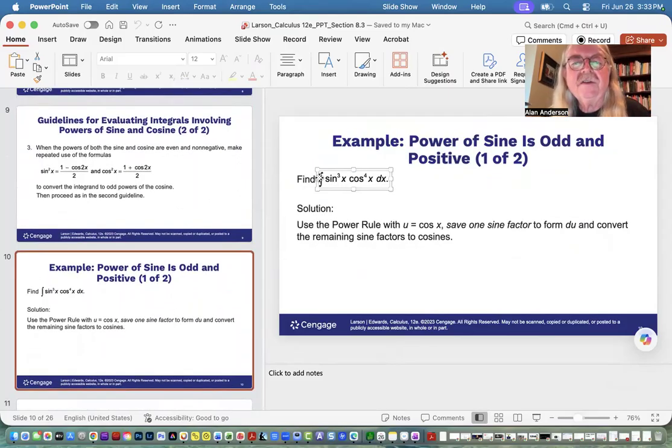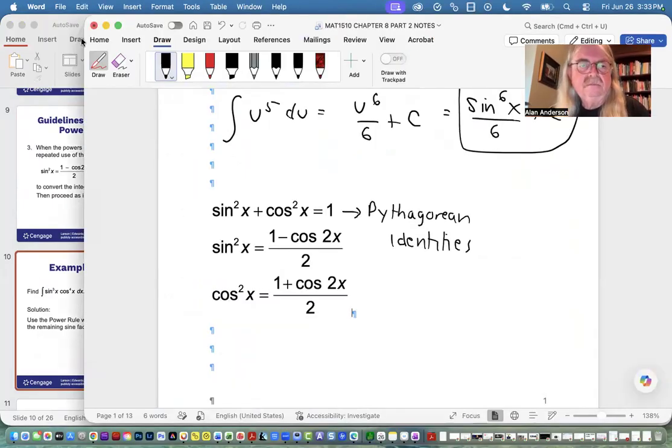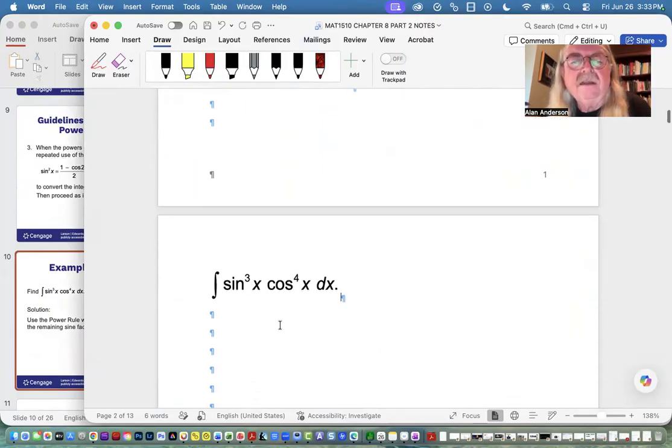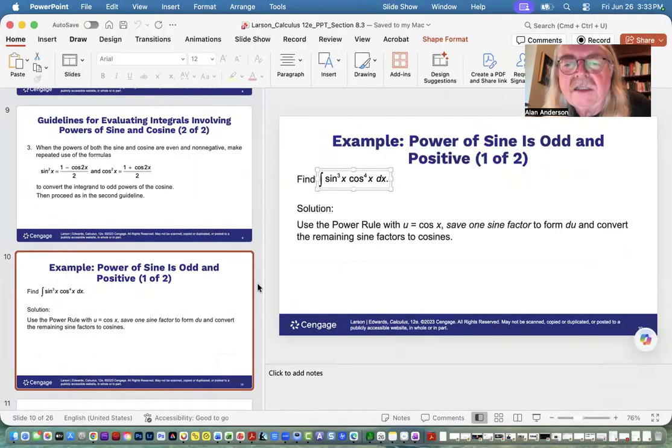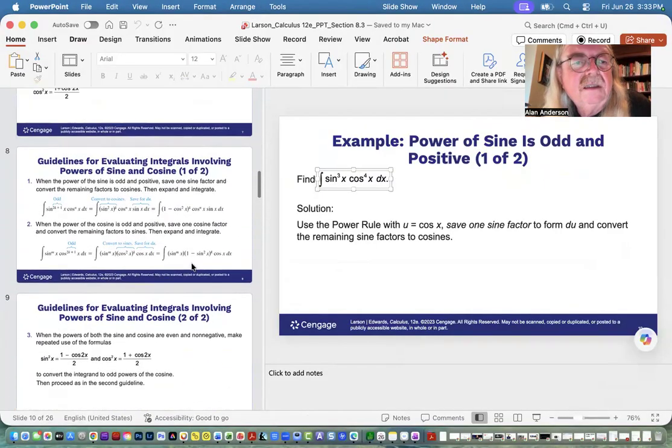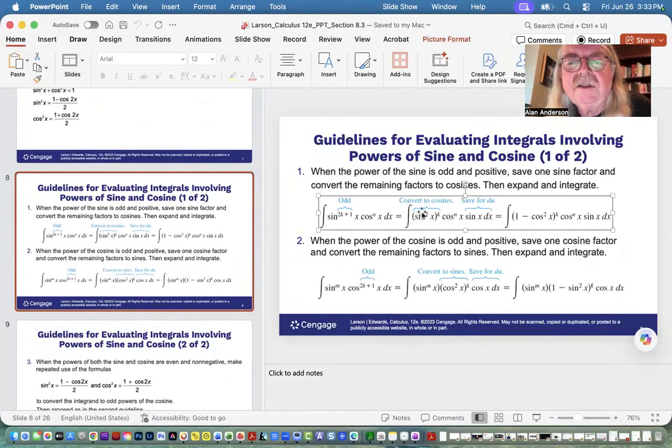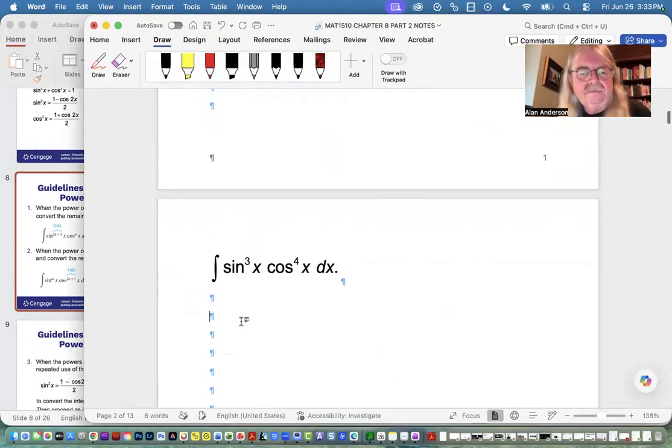So, first, let's see if it fits into one of our rules. Okay. So, the sine is odd. The exponent is odd, I mean. So that looks like we're going to use this rule. Okay, great.